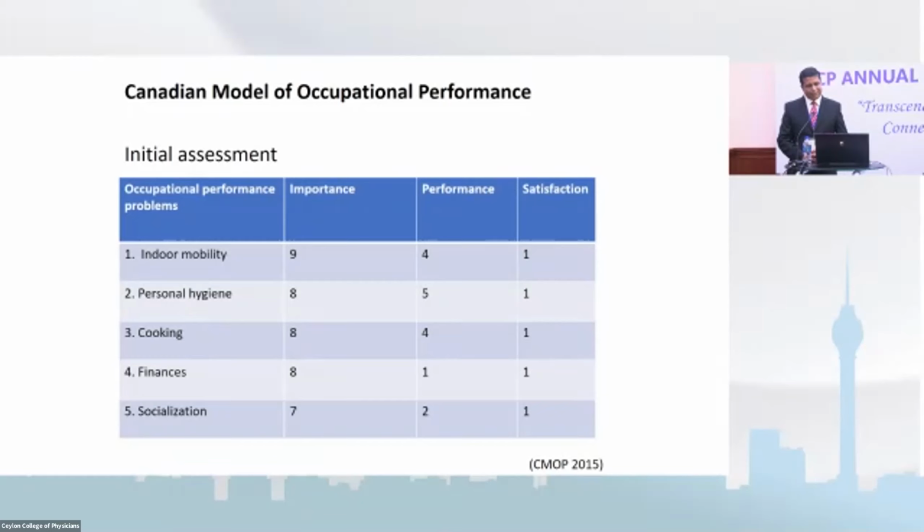So the important thing here is that we have to always think about the importance of the occupational therapist and physiotherapist assessment, because they look at the important aspects of an elderly patient, which are important to the patient, and the patient's performance, and the patient and occupational therapist can grade satisfaction as well.